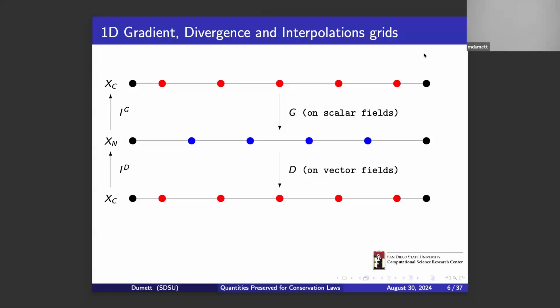It has its mimetic properties. It's uniform over the whole domain. Normally, when they use interpolator operators, they lose accuracy on the boundaries. These don't. Okay, so we have the gradient and divergence, and we also have the interpolation operator preparing input data for G, and the interpolation operator preparing input data for D.